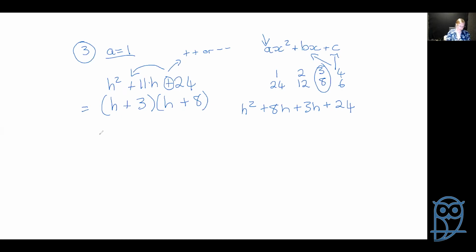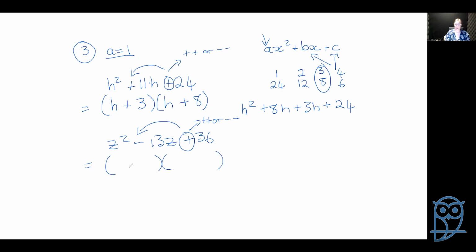So second example, we have z squared minus 13z plus 36. So this is a plus, which means we're going to have either a plus plus or a minus minus. So we look at this one over here, that's a minus.